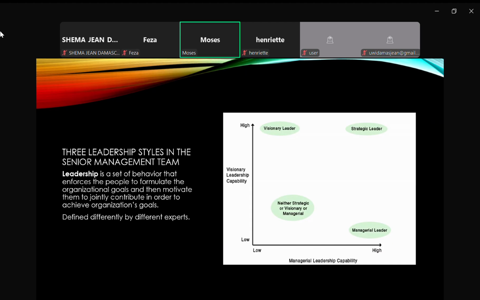A strategic leader is someone who combines the best of visionary leadership as well as managerial leadership. These, although very rare to find, are leaders who can transform a company through different stages. And these are the desired type of leaders that we wish to have, that we should have.